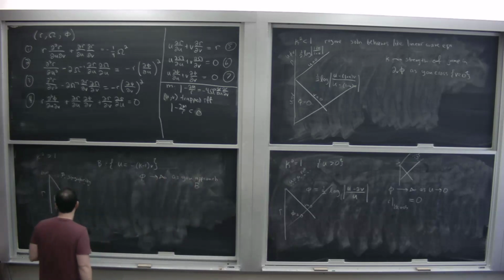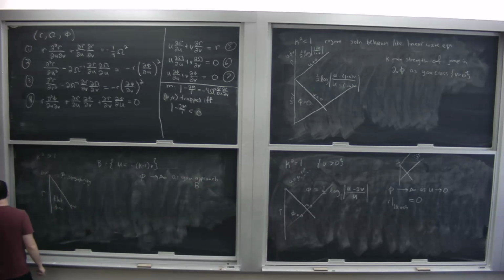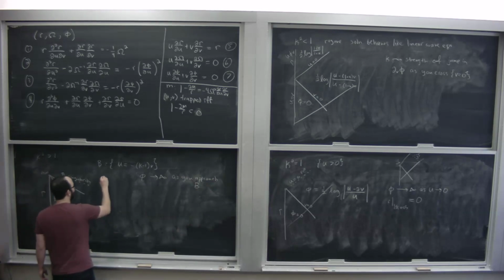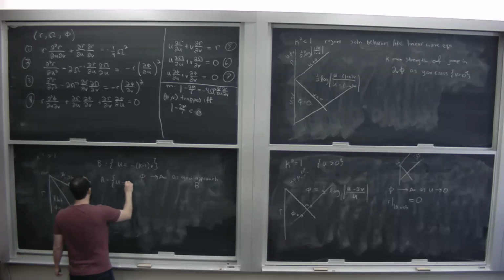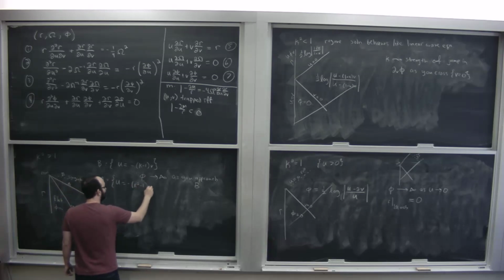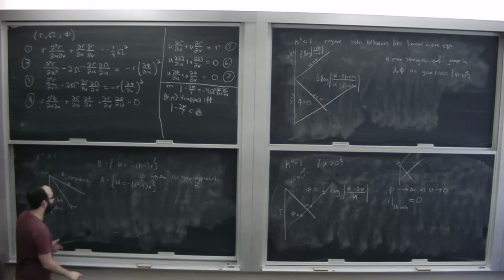All right, but there's something else interesting that happens, which is that there's also a curve. We'll call this curve A, and this A is going to be given by u equals minus k squared minus 1 over b.